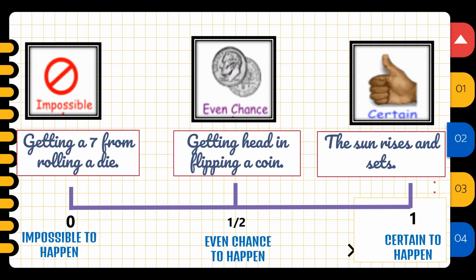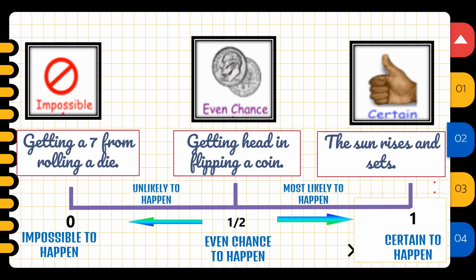You have an even chance in getting a head. Now, the closer the event to 1, the more likely the event will happen, with a minimal chance that it will not happen. And also, if the event is closer to 0, it is unlikely to happen, with minimal chance that it will happen.